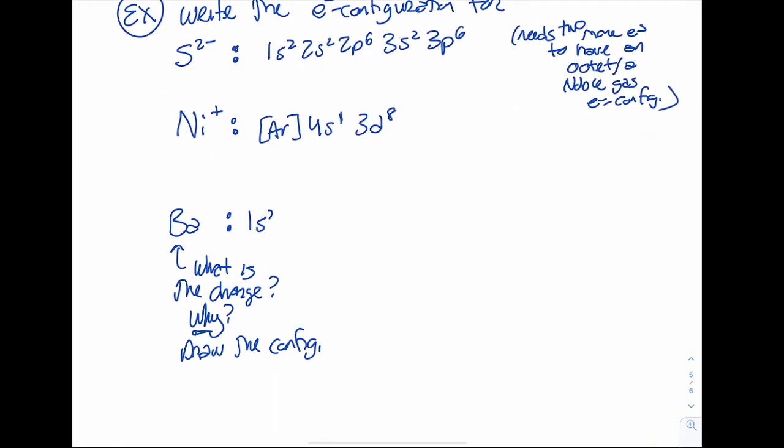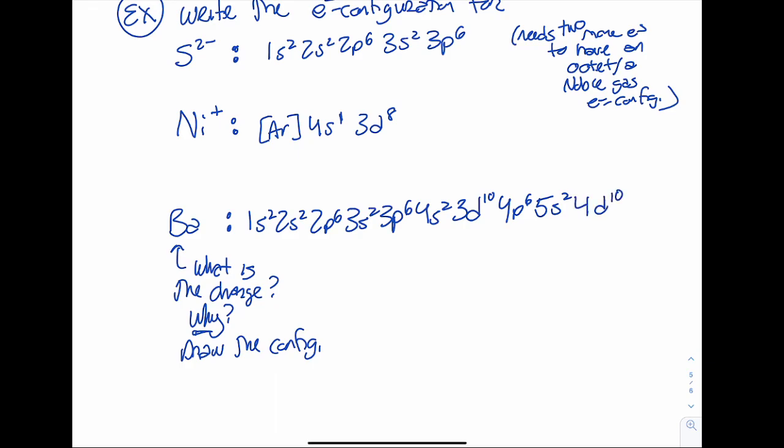So 1s2, 2s2, 2p6, 3s2, 3p6, 4s2, then we get our 3d's, so 3d10, 4p6, 5s2, 4d10, and we're going down here because I've run out of room, 5p6, 6s2.